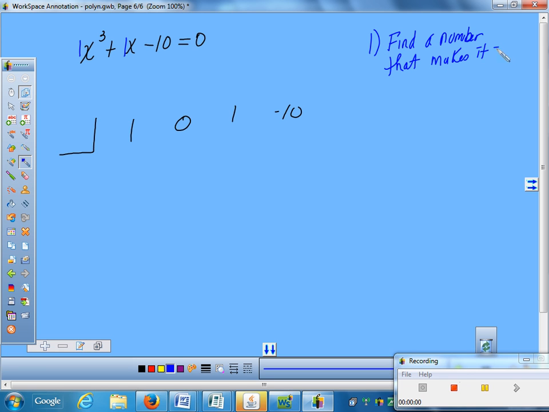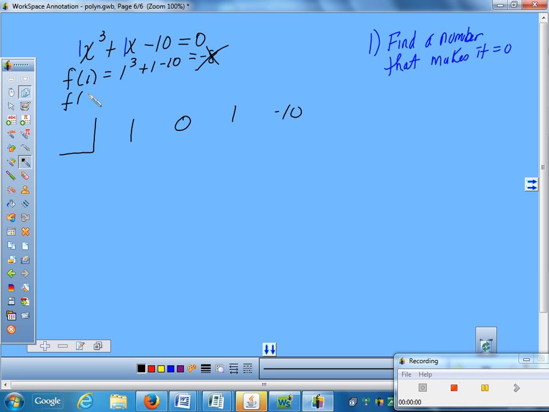That's the key thing. Since it ends in a 10, it has to be numbers that are factors of 10. So you actually have to sit here and try subbing in a number, going, if I put 1 in there, is 1 cubed plus 1 minus 10 equal to 0? No, that does not work.